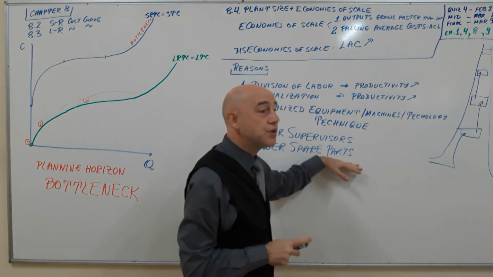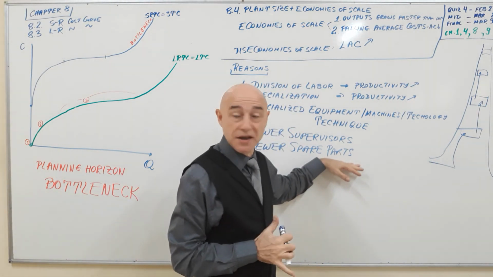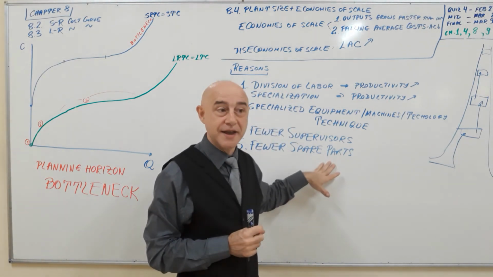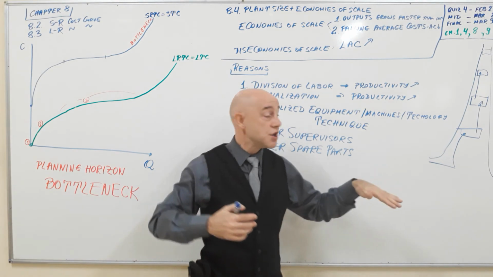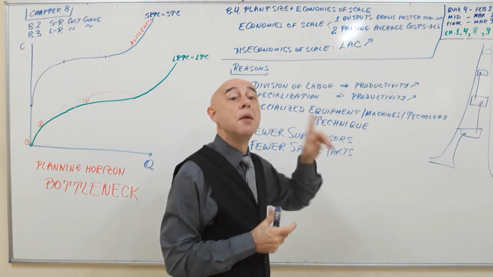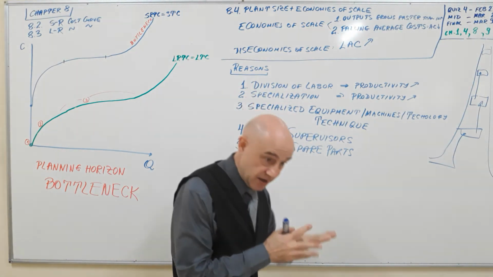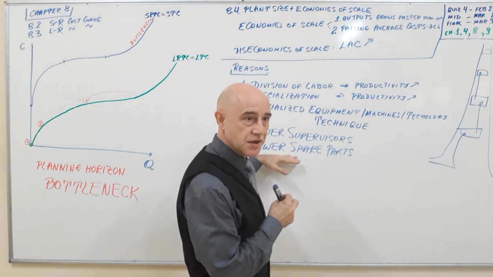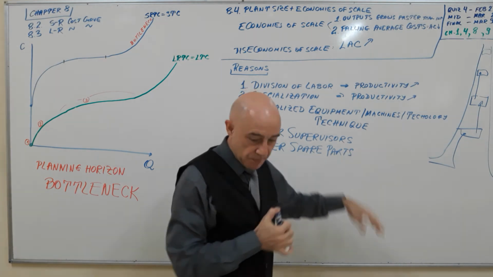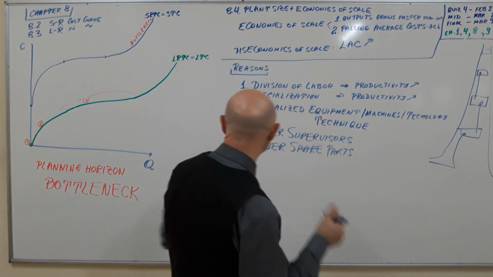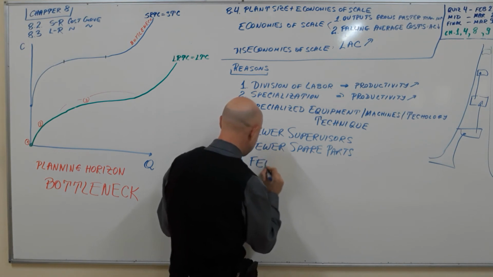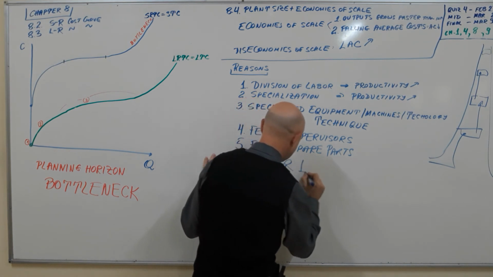So if before you needed to hold 10% spare parts, if your business grows, you might be holding only 8%. And if the business gets bigger, you might be holding only 6%. The absolute number increases, but percentage-wise, it falls. And spare parts represent a cost. Same thing is fewer inventories.